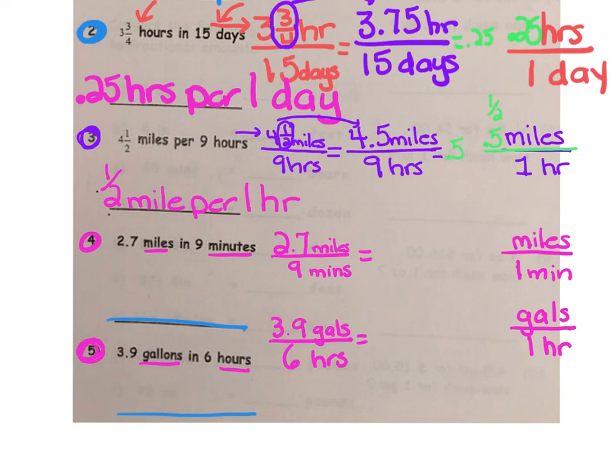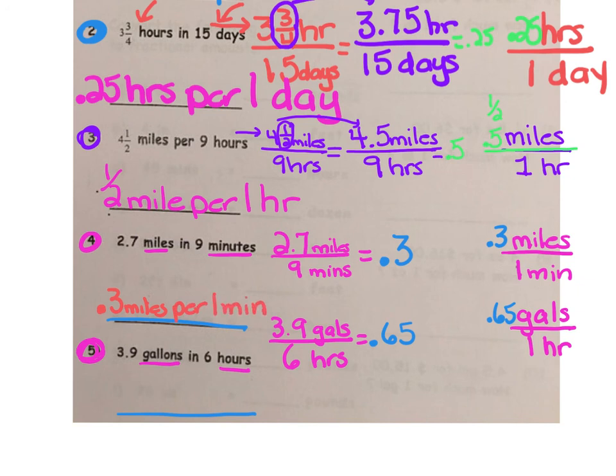For number 4, you should have gotten the value 0.3. And for number 5, you should have gotten 0.65. But remember, we need to label each of these and write them in a linear fashion. For number 4, you should write 0.3 miles per 1 minute.